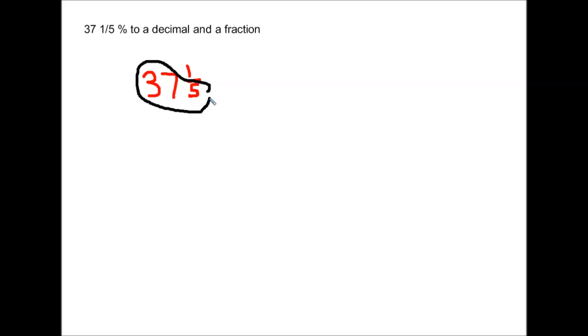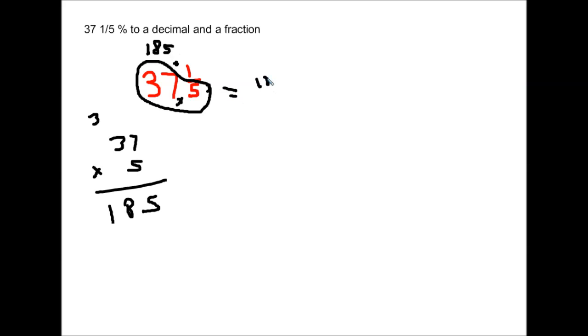So we make a little jelly bean around the whole number and the denominator and multiply them. 37 times 5. 5 times 7 is 35. 5 times 3 is 15, plus 3 is 18. So we get 185, and then we add 1, and we get 186 fifths.